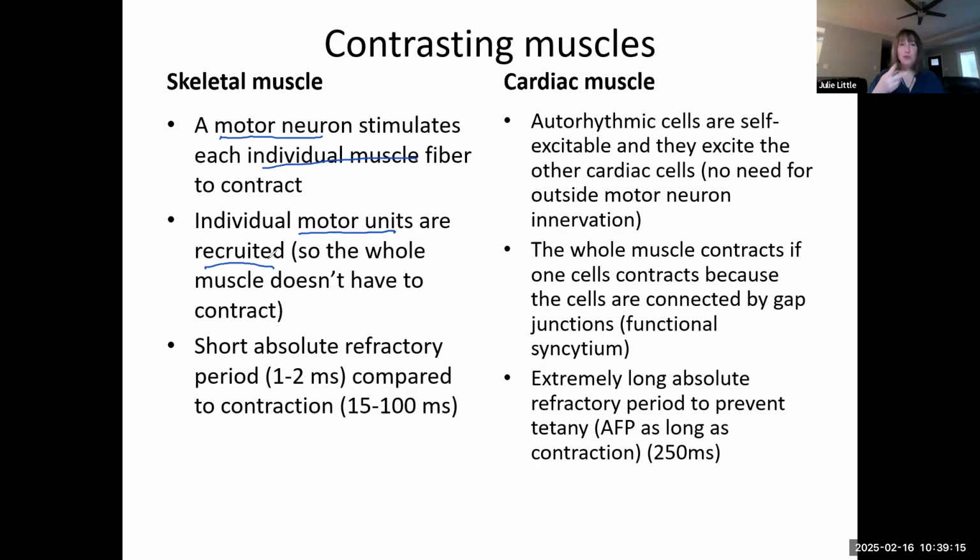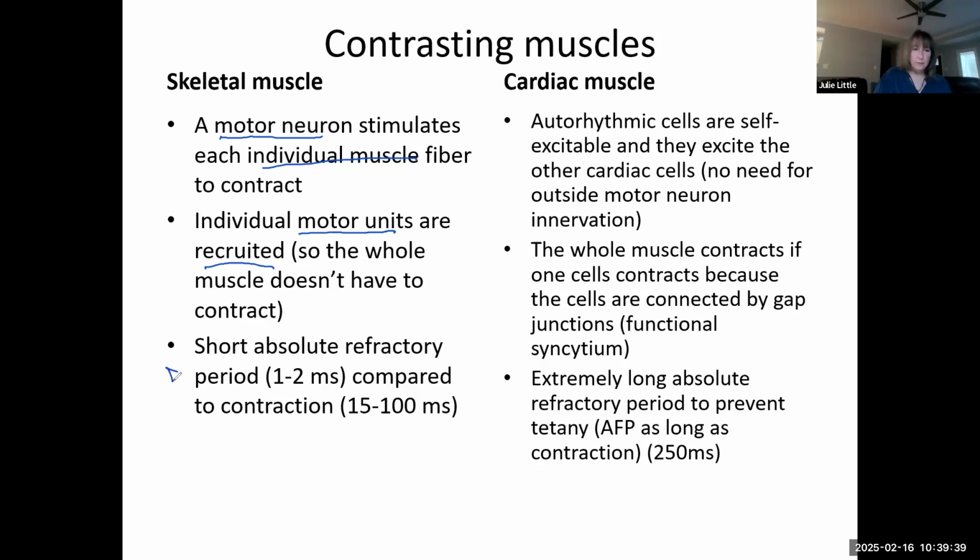In other words, maybe 2 neurons and all the skeletal muscle cells that they innervate, those guys are going to contract. And if we want the strongest muscle contraction, so you're going to try to lift your car, you want every single skeletal muscle fiber to contract, then you recruit every motor unit. So please look up that definition of a motor unit again, and you'll see it on the next slide.